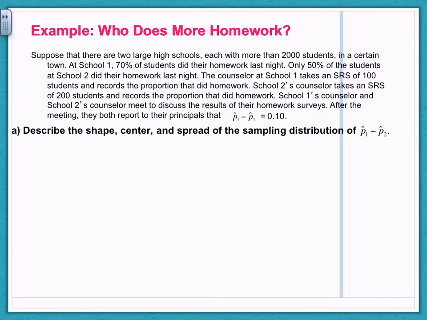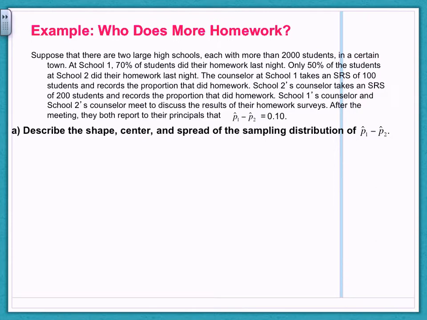The counselor at school 1 takes an SRS of 100 students and records the proportion that did homework. School 2's counselor takes an SRS of 200 students and records the proportion that did their homework. The two counselors meet to discuss the results of their surveys. After meeting, they both report to their principals that the difference of their samples is 0.10.